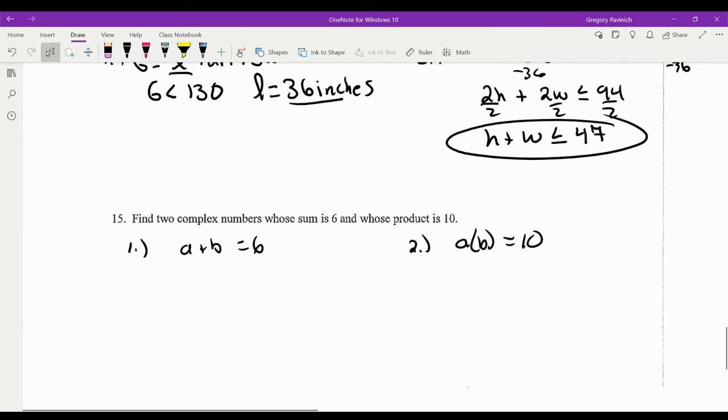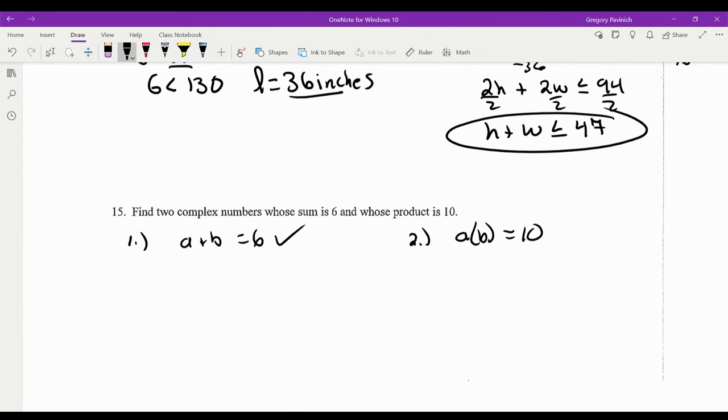Okay, the next one is find two complex numbers whose sum, we worked this in class a little bit, is 6 and whose product is 10. Okay, now I'm going to do a little substitution, and I'm going to solve for A. So that would be 6 minus B. I'm going to come over to A, do 6 minus B times B is equal to 10.